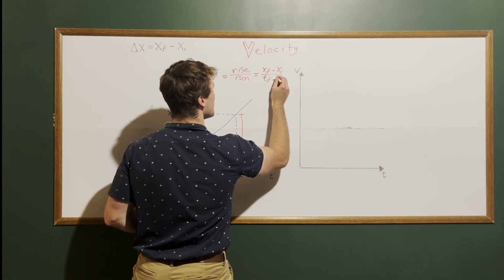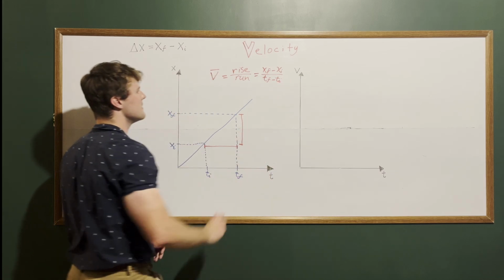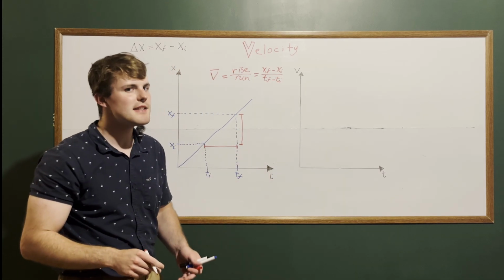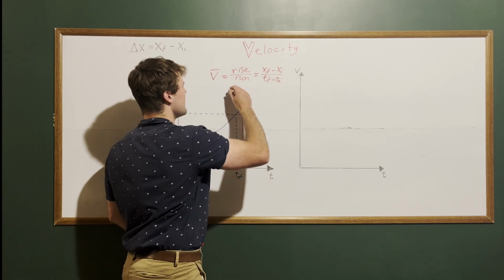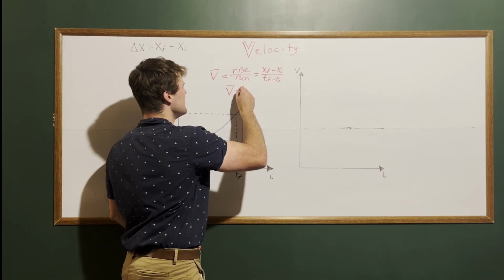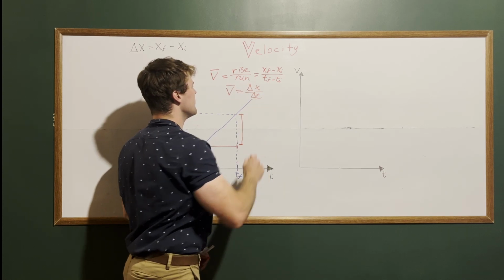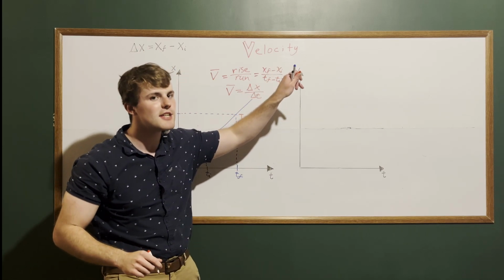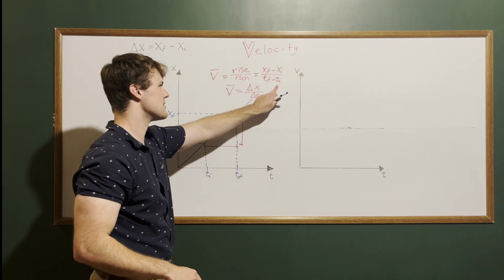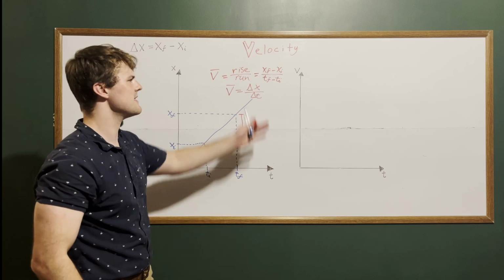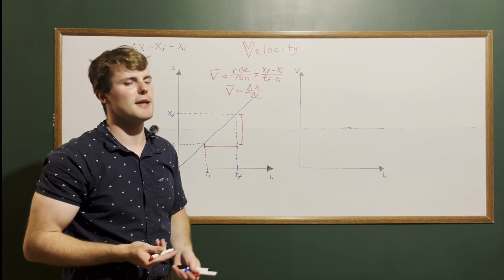tf minus ti. Okay, well, we can condense this equation a little bit by just saying average velocity equals delta x over delta t, where delta x is just the change in x and delta t is the change in time. So I just condensed these variables into one variable to make it look a bit neater.